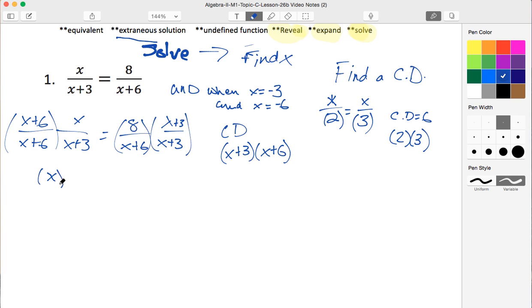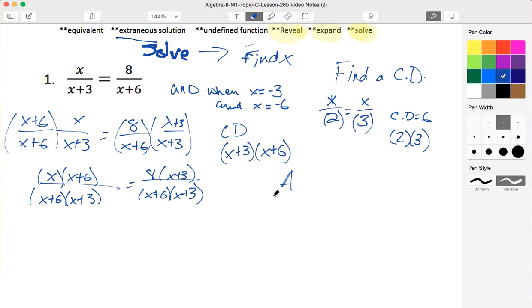So I'm going to have x times x plus 6 over x plus 6 times x plus 3 is equal to 8 times x plus 3 over x plus 6 times x plus 3. We also learned from class that a over b equals c over b when, of course, b cannot equal 0. However, if your denominators are the same, essentially that means your numerators must also be the same.